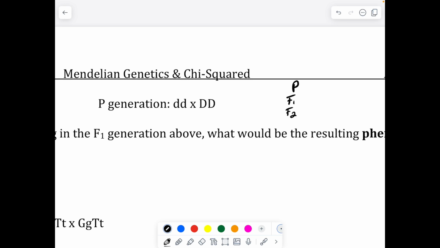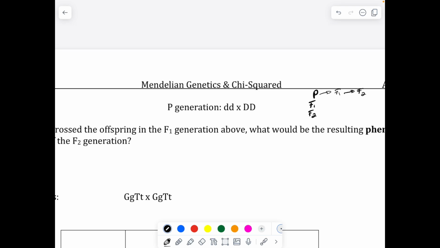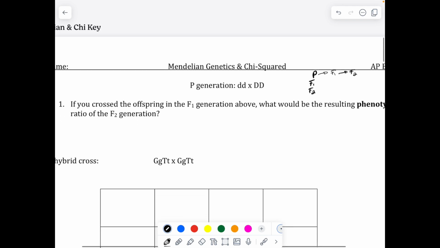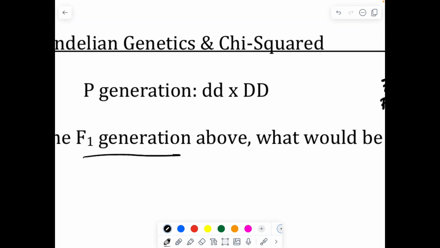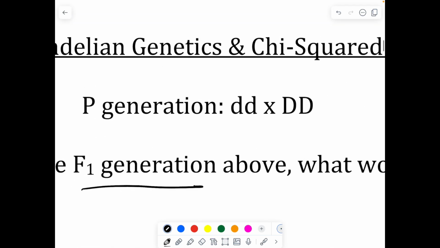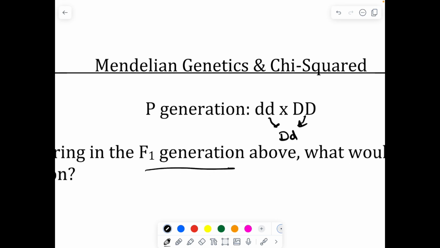When you're talking about generations, the square for the parent generation is the F1 generation, and the square that comes out from crossing the F1 generation is the F2 generation. So for example, in this question it says, if you crossed the offspring in the F1 generation above, so that means I've already crossed these parents, which the only possible outcome for this cross is this.